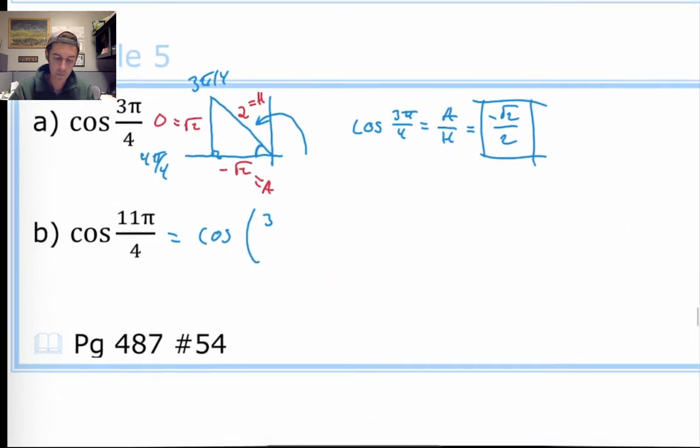So, can we really take 3 pi over 4 and add 2 pi? Sure can. 2 pi is the same thing as 8 pi over 4. So we've added 2 pi, which means our output value is not going to change. It's still equal to negative root 2 over 2.